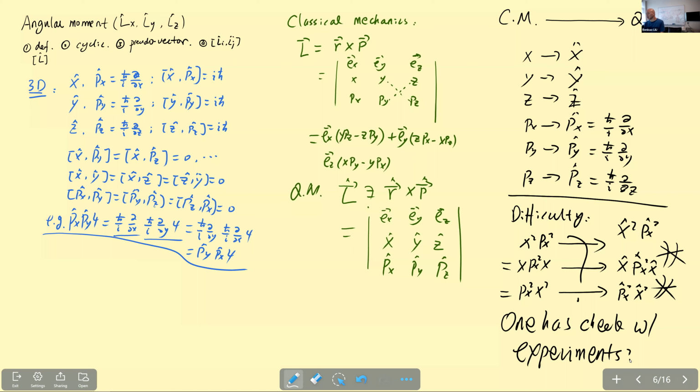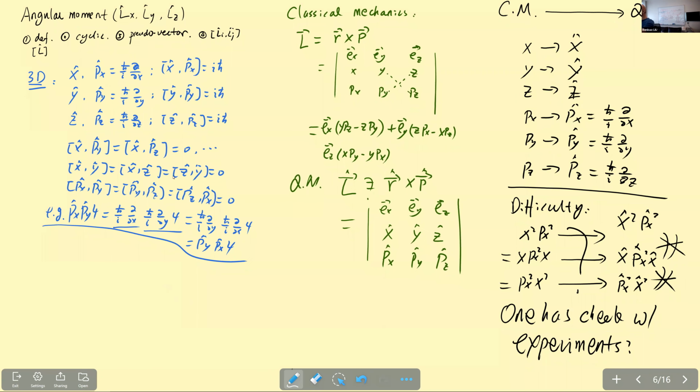They're not equivalent. So to make sure this is the right translation, the only way you can check, it's not theoretical, is to compare your results to experiments. If they are consistent with experiments, then it's okay.